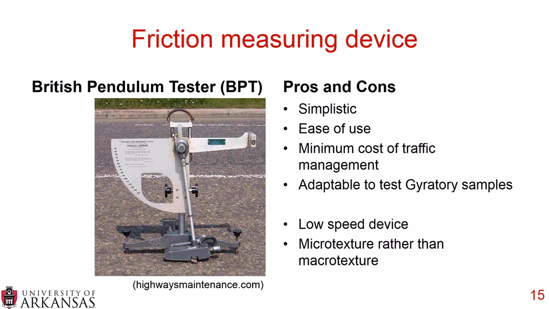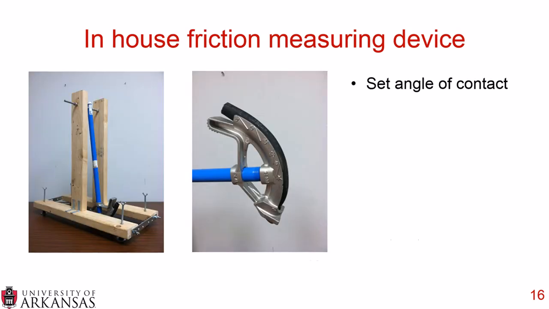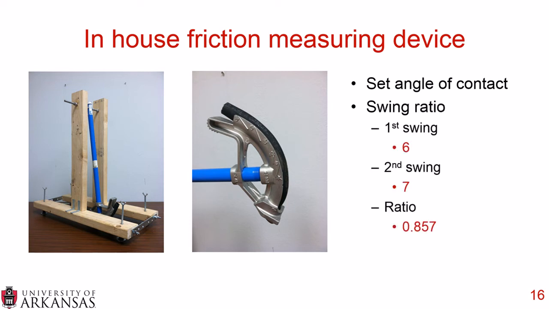Now, one of our original objectives was to develop a tester that was easy to use and was a relatively low cost or inexpensive piece of equipment. So our tester that tried to mimic the British pendulum tester looked like this. And what you do is you set your angle of contact, so how far you bring that blue bar up, and then you simply drop the bar.